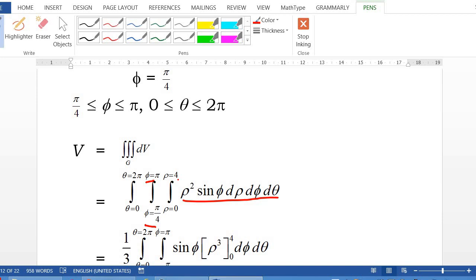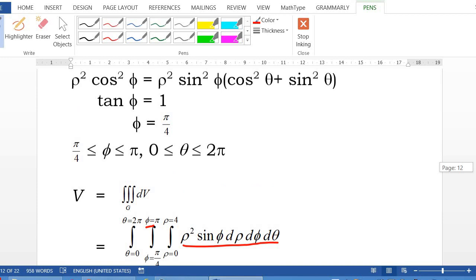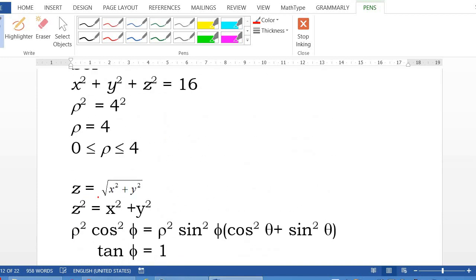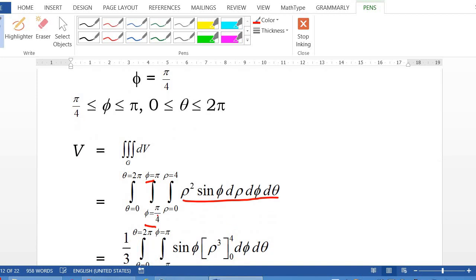For a volume of a hemisphere, phi is 0 to pi over 2, because it is half. Then if you want the volume of an ice cream cone where the top surface is a sphere of radius 4 units and the cone equation is z equal to square root of x squared plus y squared, then phi is from 0 to pi over 4.